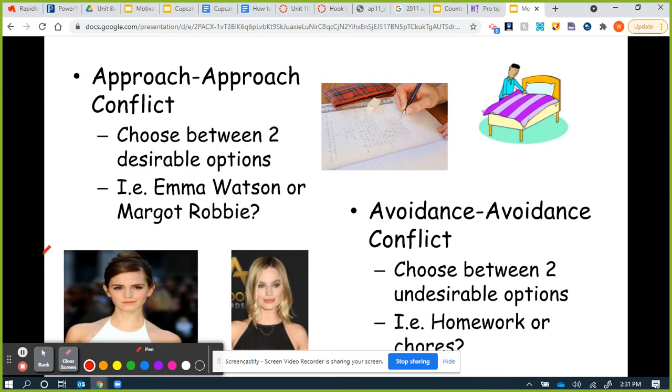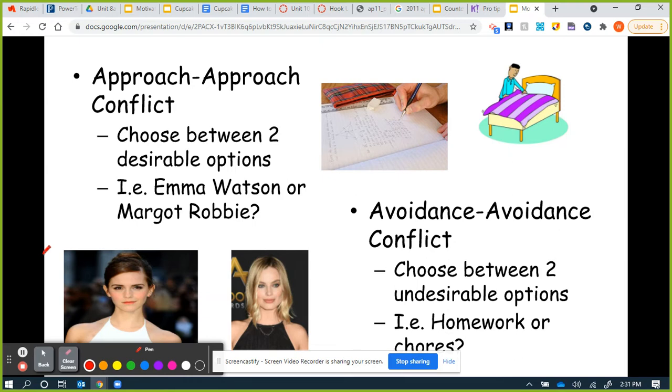Motivational conflicts. I doubt you'd be asked about these, but the two that you really only need to know are approach and avoidance. Approach is when you have two options for something, and you can choose either this or this, and you like both of them.